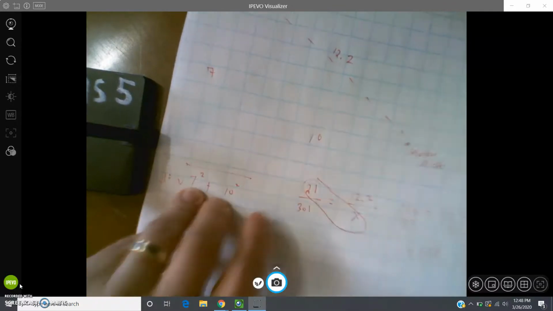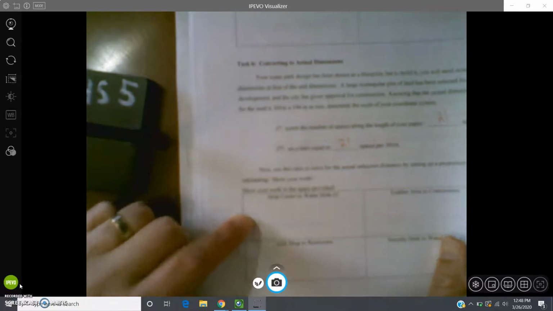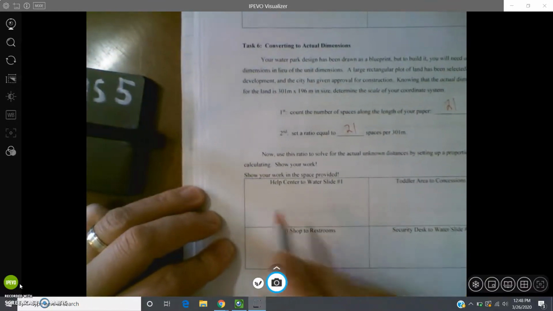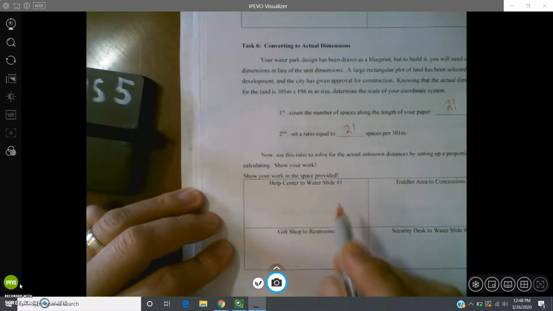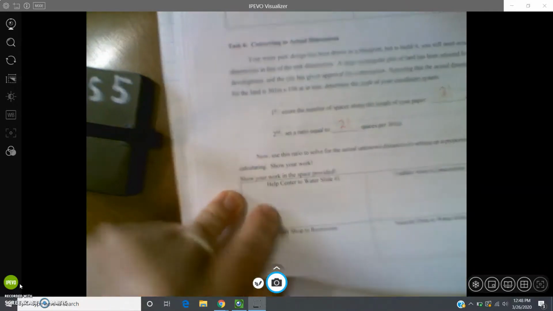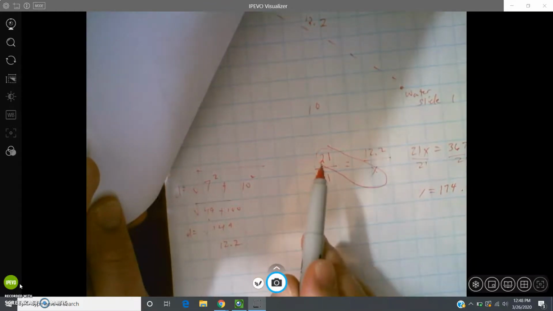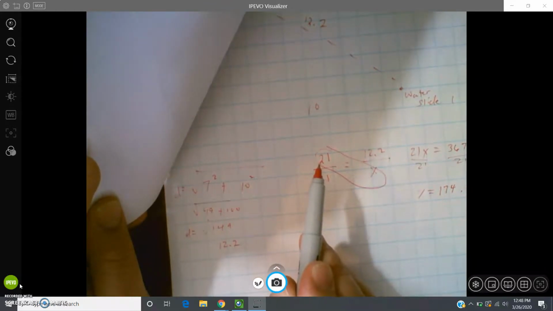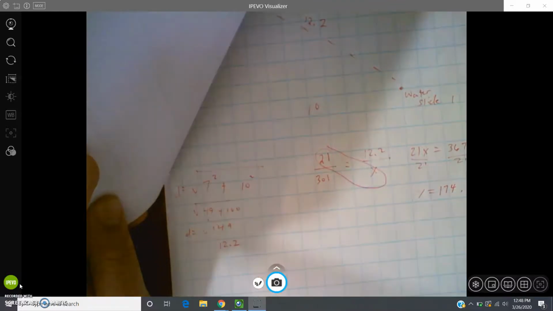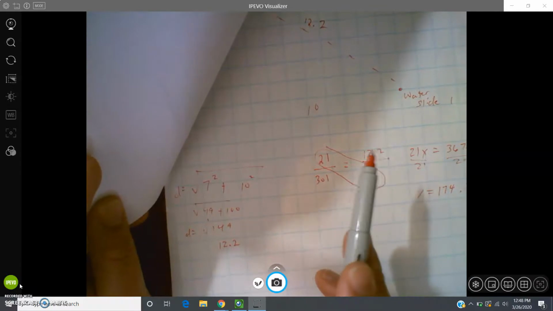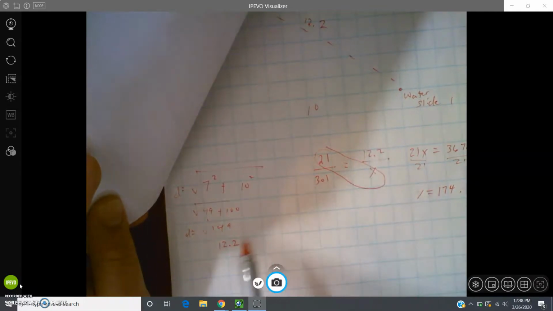All right. So on my distance from the help center to the water slide, after all this work we put on here, we found the actual distance. We set up a proportion. This number will always be the length, or how many squares you have on your graph paper, over 301. And then this number here will always be what you got for the distance on the paper.